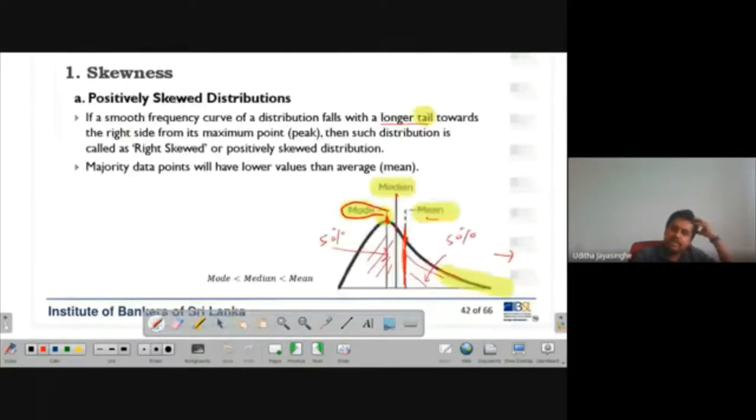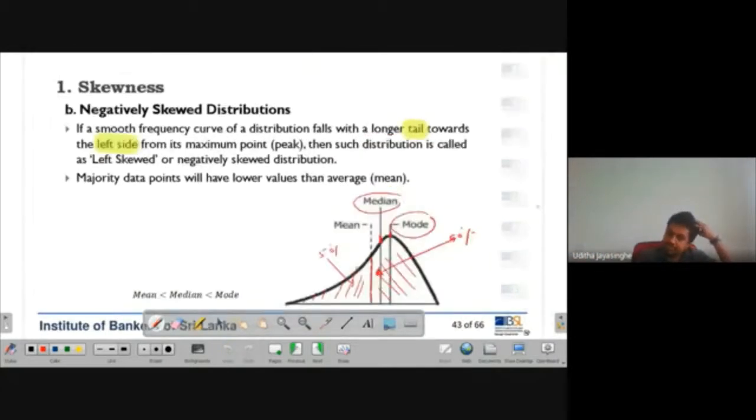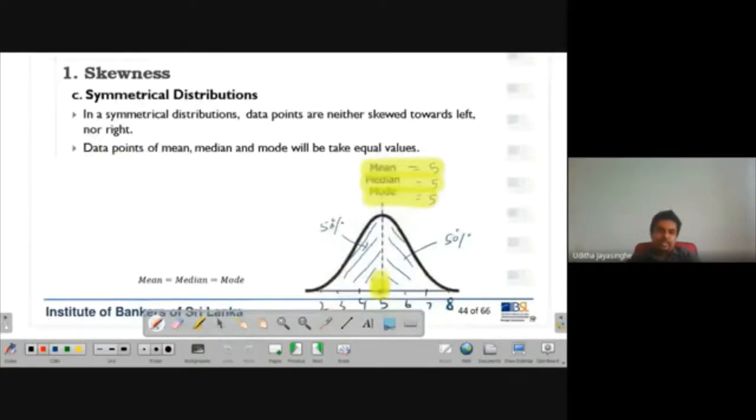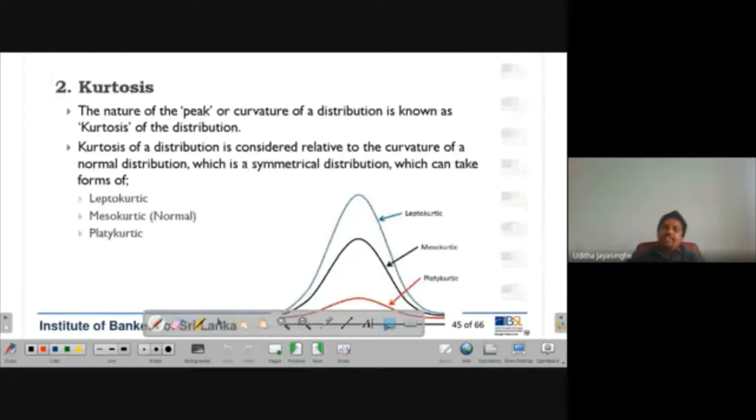If you see a longer tail towards the right-hand side, we call it positive. If you see a longer tail to the left-hand side, we call it a negatively skewed distribution. Symmetrical distribution is where you can see the 50-50 nature where mean, median, and mode are equal. Okay, that is on the skewness.